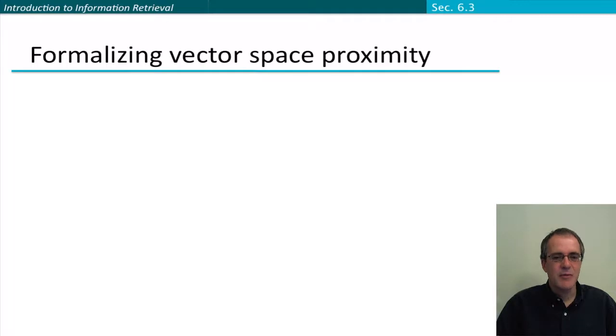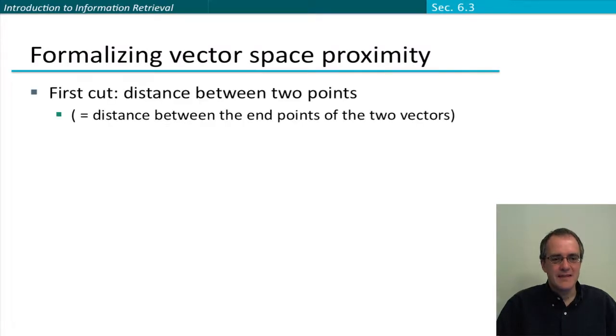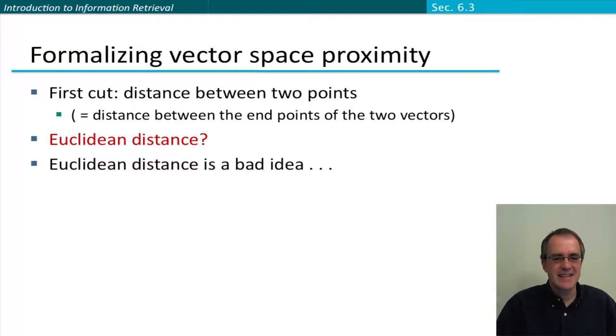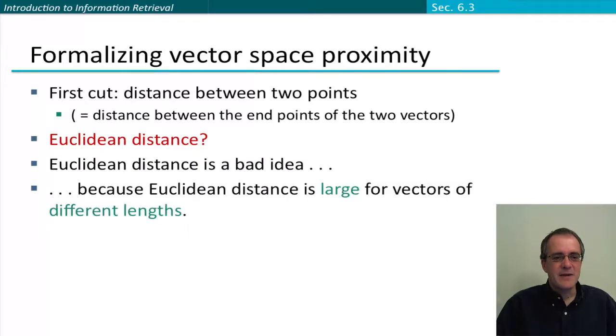So how can we formalize proximity in a vector space? The first attempt is just to take the distance between 2 points. That is the distance between the endpoints of their vectors. And the standard way to do that in a vector space would be Euclidean distance between the points. But it turns out Euclidean distance by itself isn't actually a good idea. And that's because Euclidean distance is large for vectors of different lengths.